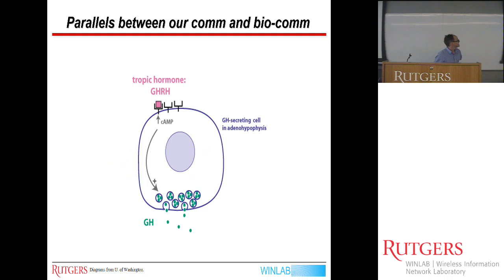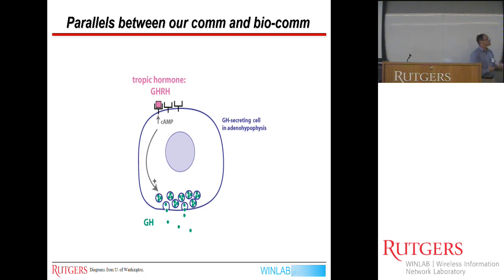As an example here, we have what's called a tropic hormone. A tropic hormone is a hormone whose responsibility is to regulate other hormones. The growth hormone regulating hormone, GHRH, is released by your hypothalamus.